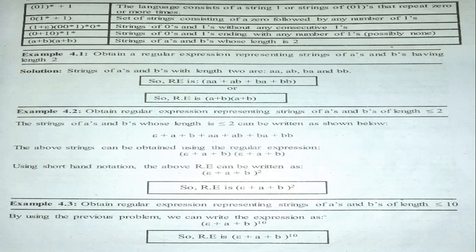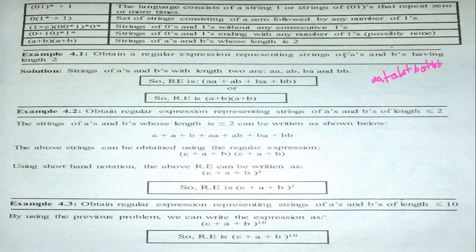Now obtain a regular expression representing strings of A's and B's having length 2 exactly. See, what does length 2 stand for? AA or AB or BA or BB exactly, right?